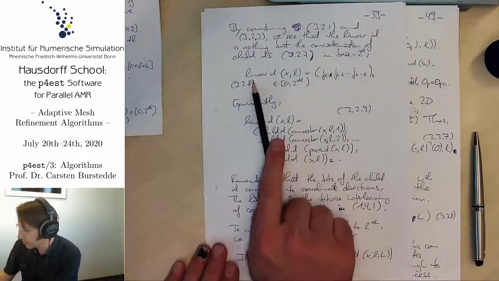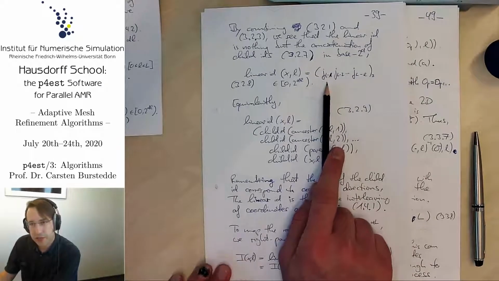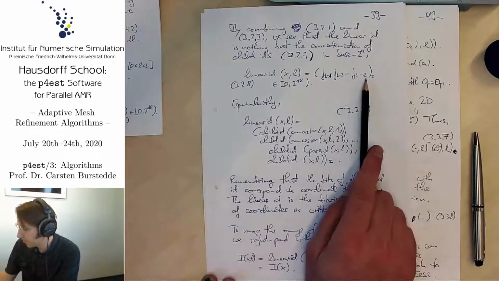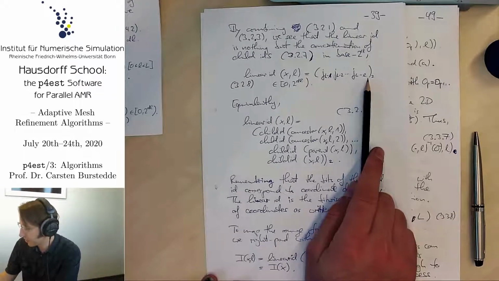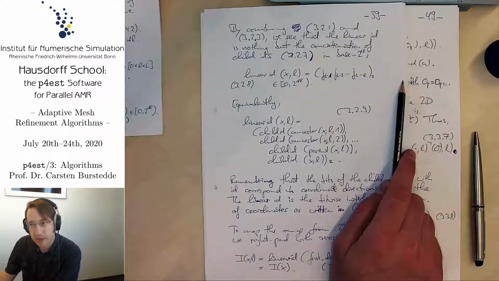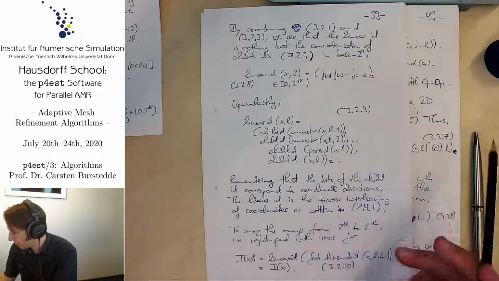So this is another expression. The linear ID is nothing else but the bit concatenation of the various child numbers used to get to it from the root. And if we want to go down to level big L, we would just fill up with zeros until we have little d times big L many bits.